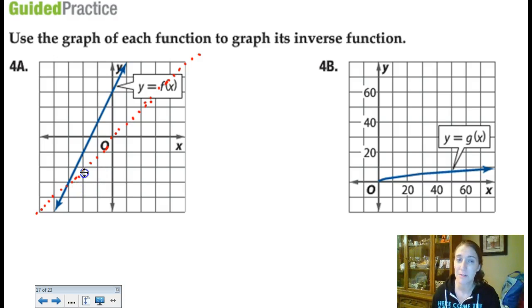I can't. What I'm going to do is pull ordered pairs off of the original and plot them in the reversed order. This is the ordered pair, roughly 0, 3, so my inverse would be plotting the point 3, 0. And this is the ordered pair negative 1, 1, so my guy would be plotting 1, negative 1. If my tablet works.